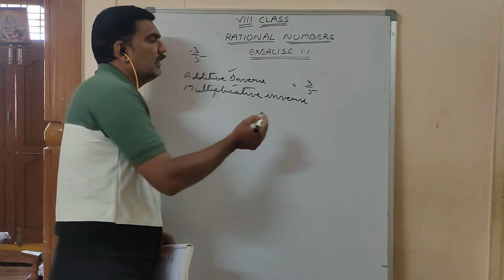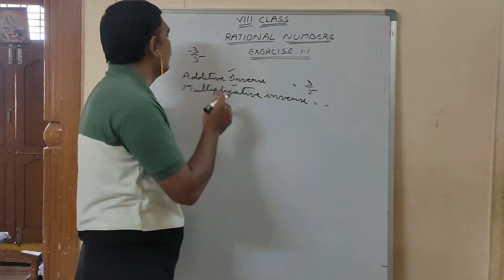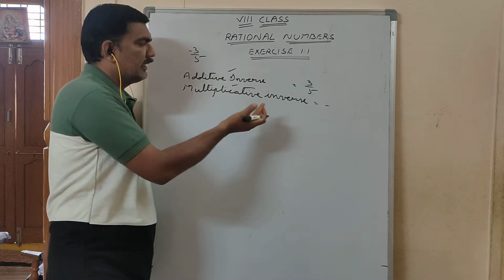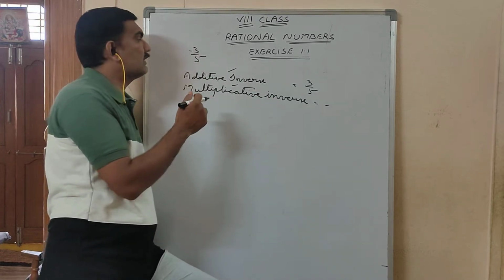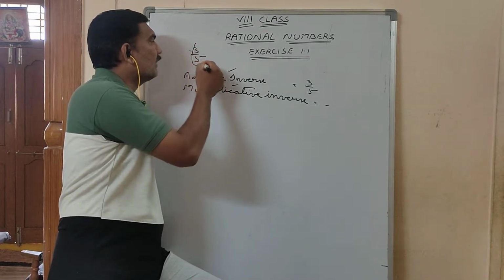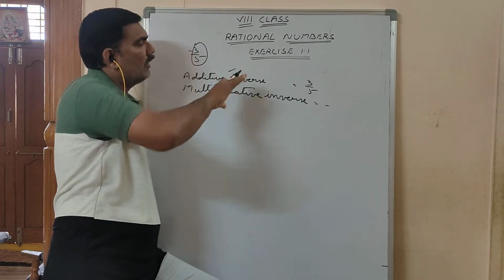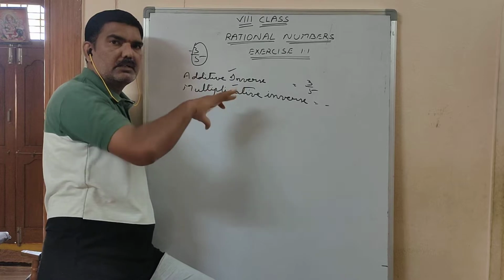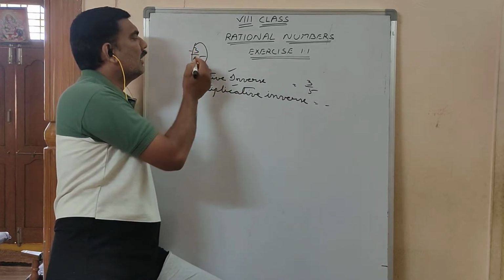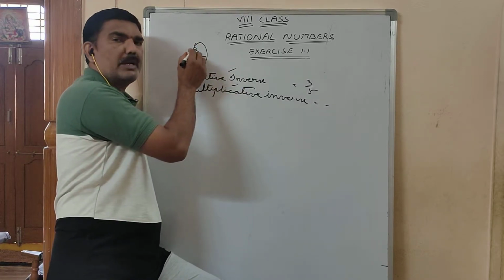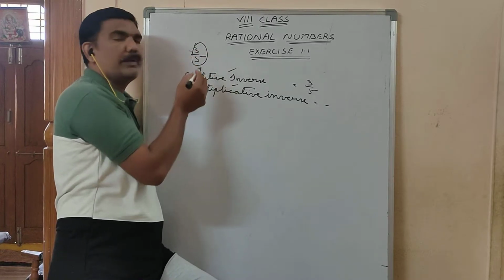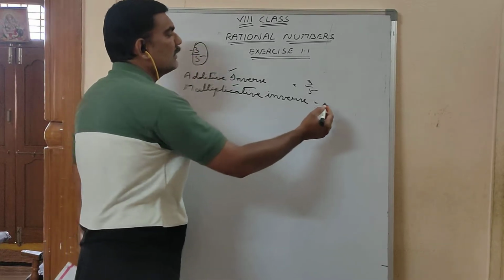So here its answer is again minus, because in the question minus is there. And being a fraction, you have to take the reciprocal. Reciprocal means the denominator becomes the numerator, and the numerator becomes the denominator. Means 5 by 3.